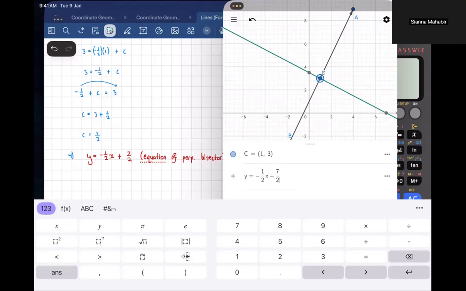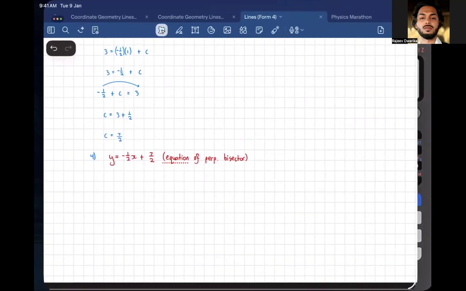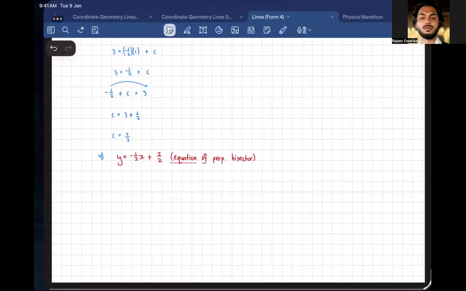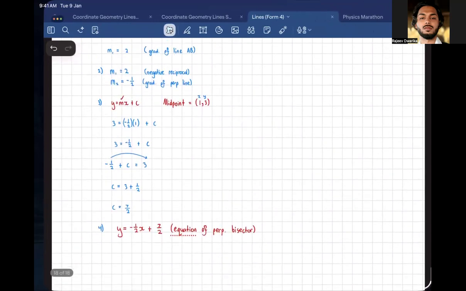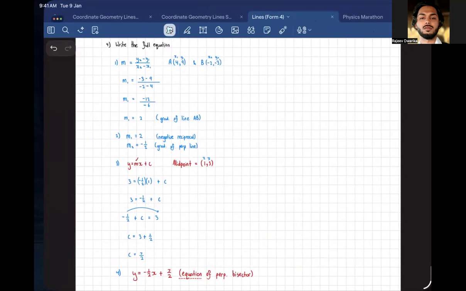Yeah. All right. Now, some of this stuff might be a little confusing because you didn't do it back in Form 4. But is there anything in particular you didn't understand at all? No, I was trying to understand how the y was equal to 3, but then I was watching over the notes and I realized how.